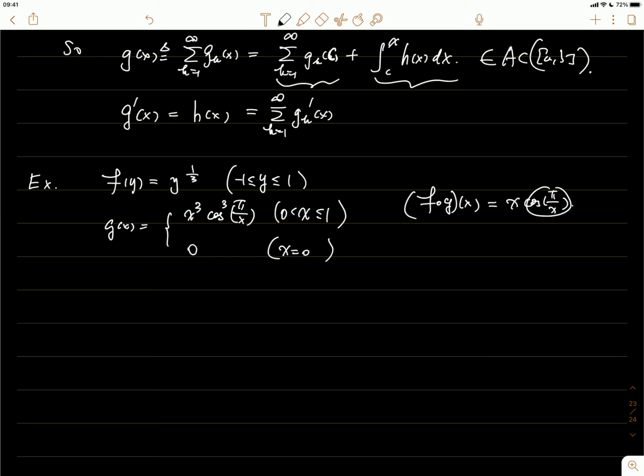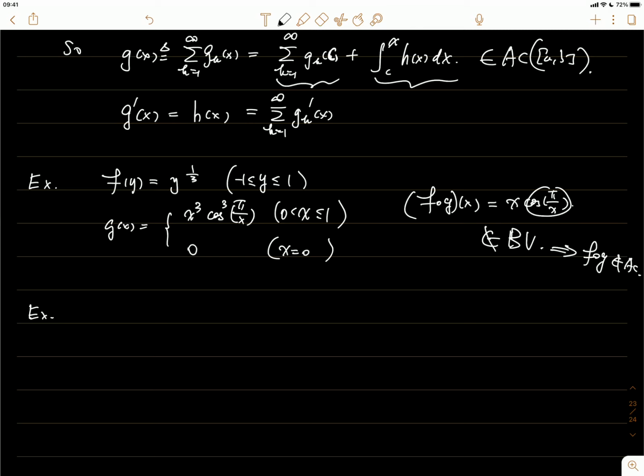So that means the composition of f and g does not have bounded variation. And if it doesn't have bounded variation, that means it's not in BV, that means it's not in AC. So it's not absolutely continuous either. So that's one example: this is not in BV, and that also means that f composed with g is not in AC.